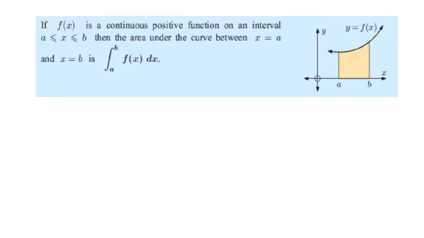According to this definition, the keyword is a continuous positive function. Then this definite integral means the area under the curve. What if the function is not a positive function? If it's a negative function, then what's going to happen?